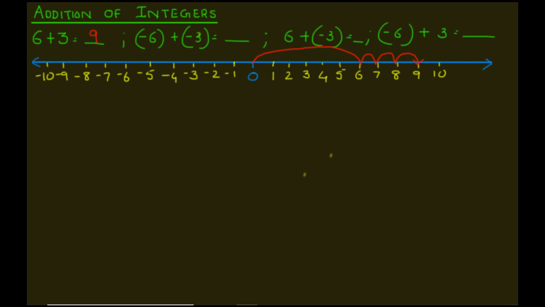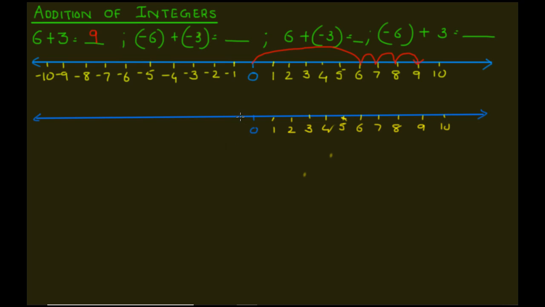Let me draw the number line for you now. Yes, you have our number line out here. We have our 0, which is neither positive nor negative. And then we have the positive integers to the right of 0, positive 1, 2, 3, 5, 6, 7, 8, 9, and 10.